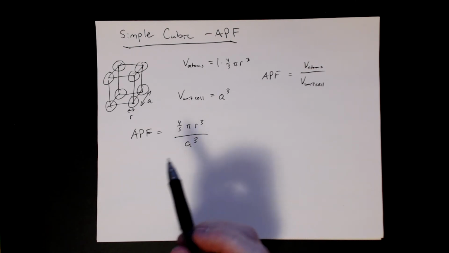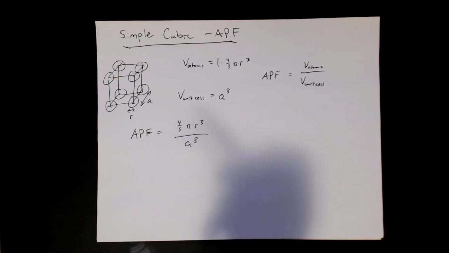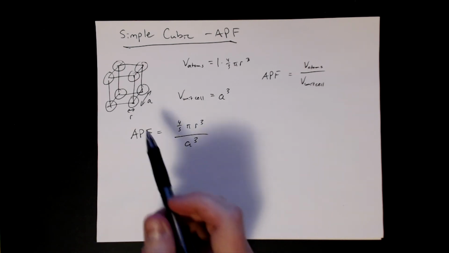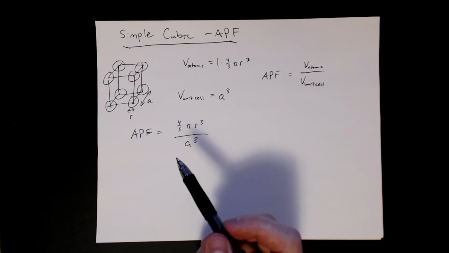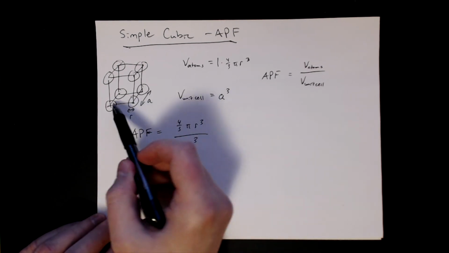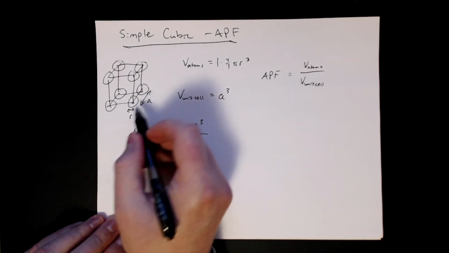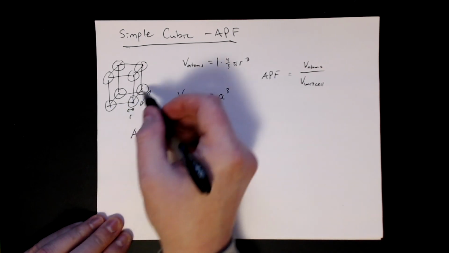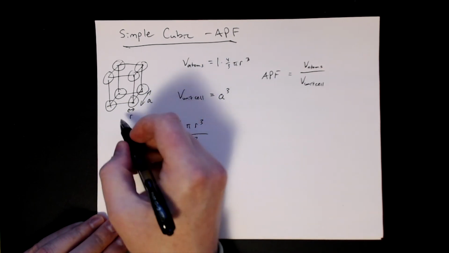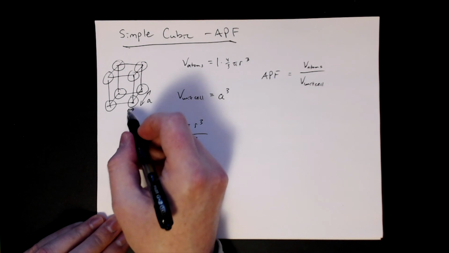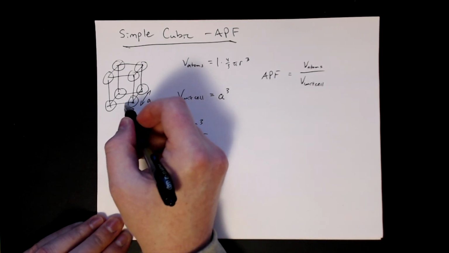What we have to do, and this is the same as in any problem we work, is find where the atoms are in closest contact, where they're touching. Again, this is the ball and stick model, but they're touching along these directions. That means there's no empty space here.